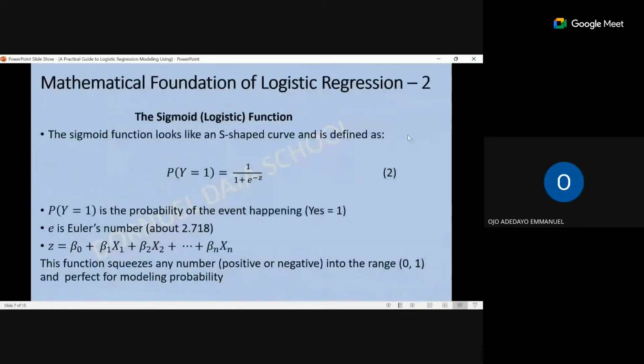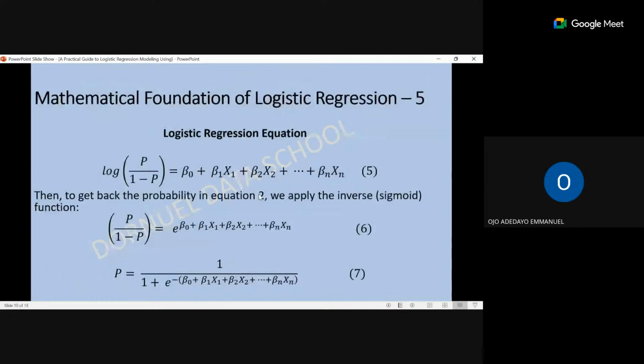Look at equation 2 now. My Z is beta naught plus beta 1x1 plus beta 2x2 up to beta nxn. If I now represent that as Z and go back to equation 7, we now have equation 7, which is a sigmoid function.